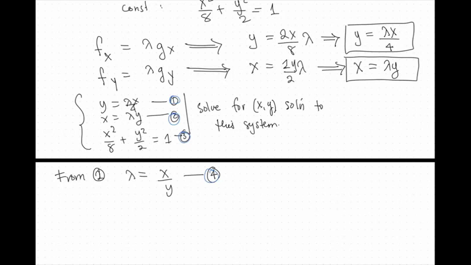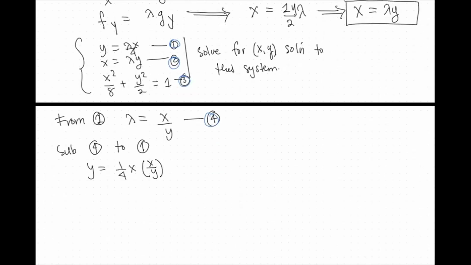Now, if we substitute this value to our equation 1. So let's do that. Substitute 4 to equation 1. So we get y is equal to 1/4 x times x over y.